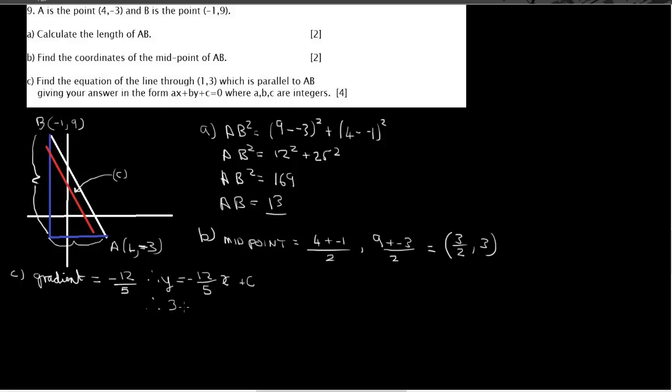It's the y divided by the x, it's the blue lines. So if y is 3 and x is 1, we've got 3 equals minus 12 over 5 plus c, and then rearranging that we can get c equals 27 over 5.